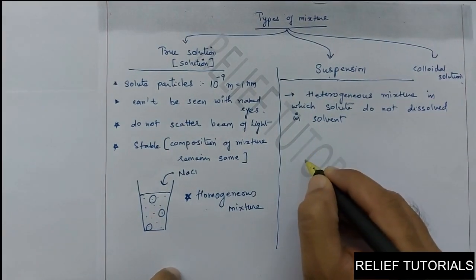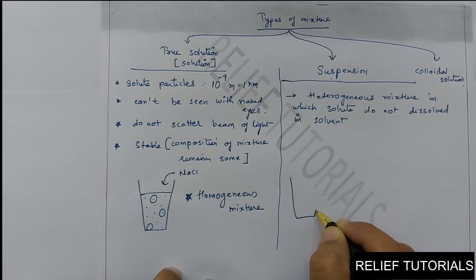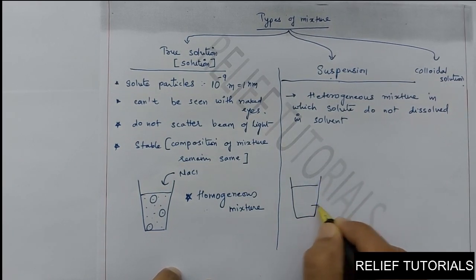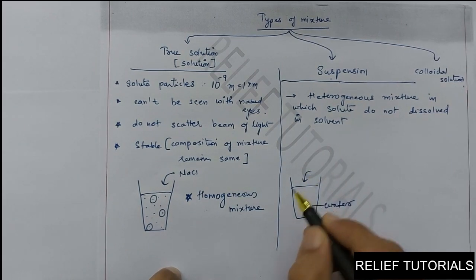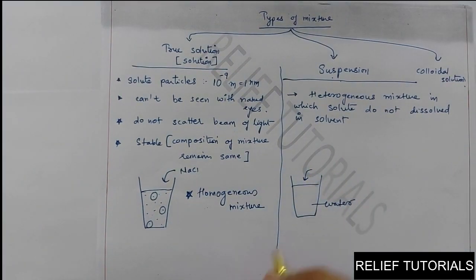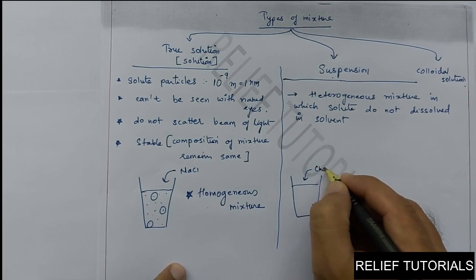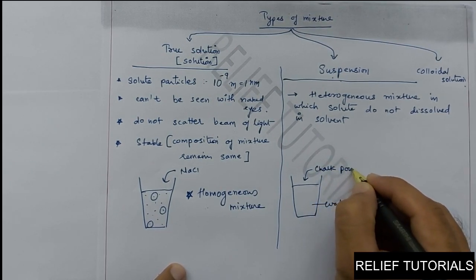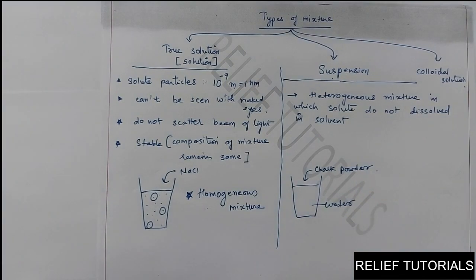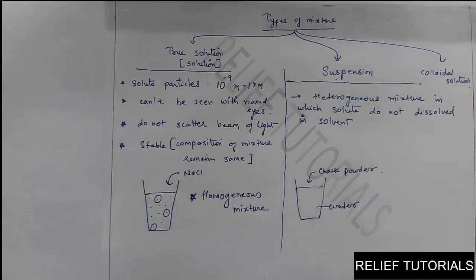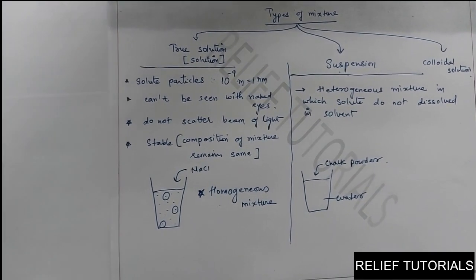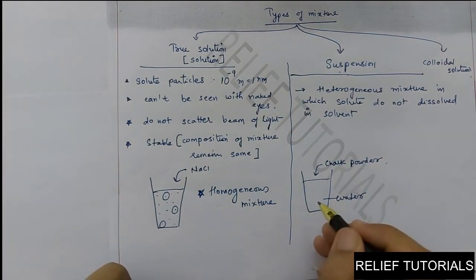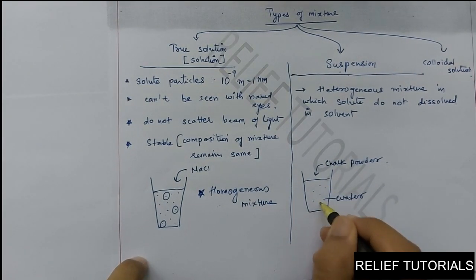Consider here is one example. Consider this is water. Now let us add chalk powder. We know that chalk powder is not going to dissolve in water, so it remains undissolved, and you will see that chalk powder is roaming here and there.